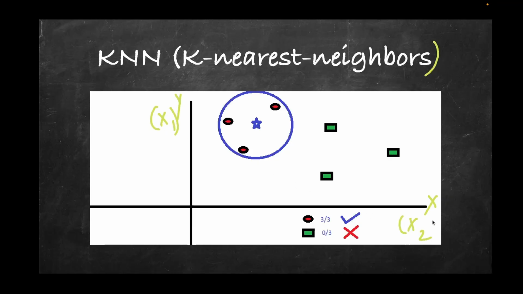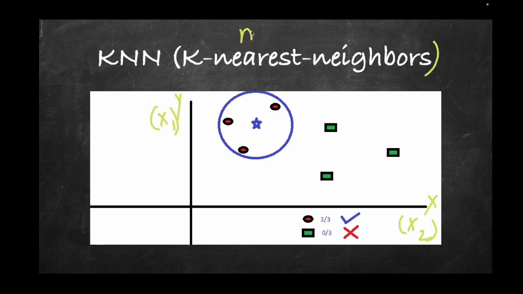So the model plots these data points and then checks what is their target value or what class they are in, such as we have the red class and the green class here. And then it plots the data point that needs to be predicted and looks at n nearest neighbors. Here n is a constant that is given by the user.